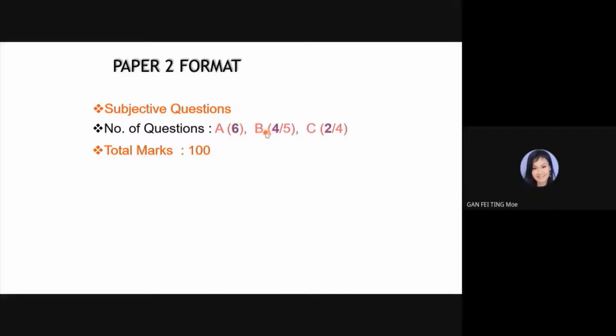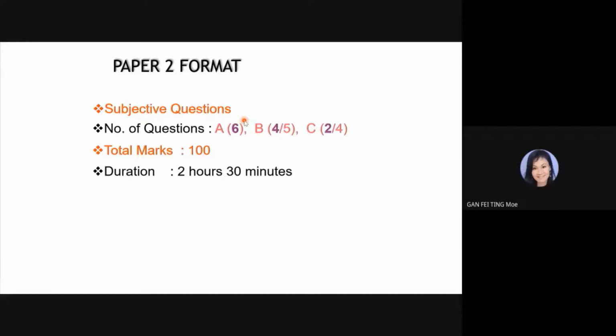So it depends on you. In this paper, if you say, teacher, I want to solve section B first or section C first instead of section A, no problem. But please make sure that you label the number of the question on each page of the answer sheet. The numbering of the questions is very important. The duration for this paper is 2 hours and 30 minutes.